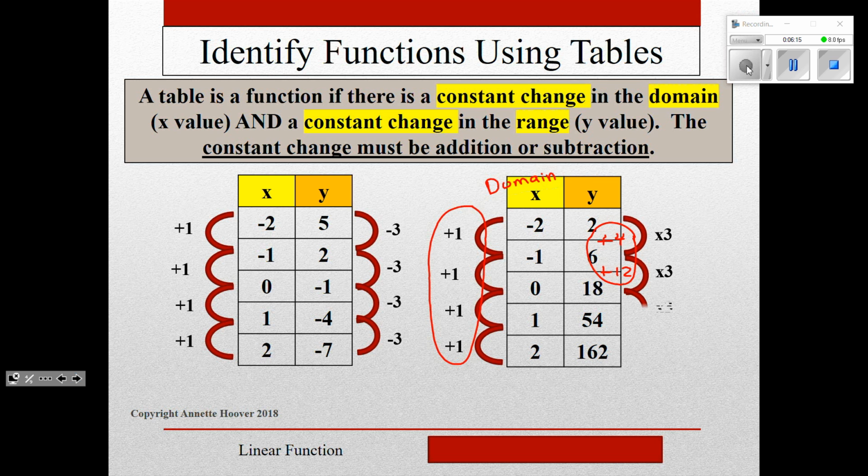What you will see in this particular one is that each time you multiply by 3, you get the next value. But multiplication does not indicate a linear function. If you did addition or subtraction, that would be plus 4, and that would be plus 12, and so forth. So that is not a constant change involving addition or subtraction. If you were to graph those 5 ordered pairs, it would not be a linear function.